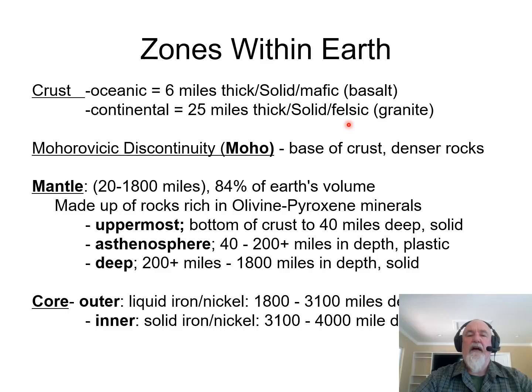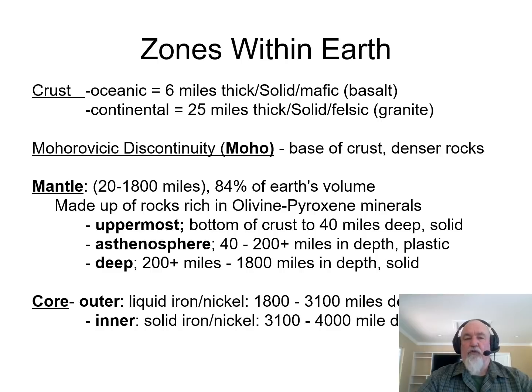So it has iron, silica, and oxygen, and also aluminum. So we have very lighter elements making up, lighter minerals making up these continental rocks. A very typical rock of continental crust is granite. And again, we'll learn more about these rocks later in this chapter.